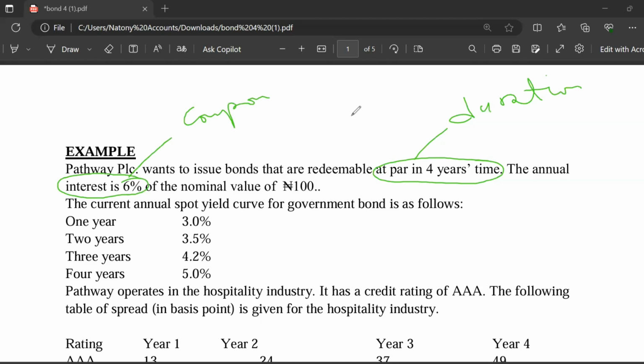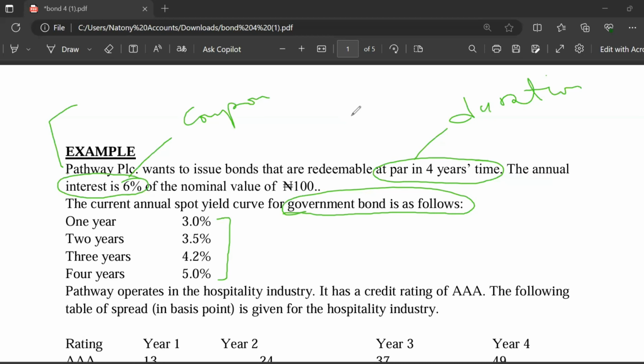The current annual spot yield curve for government bonds is as follows. The moment you see the word government bond, and Pathway PLC is not a government parastatal, that means this spot yield curve will not apply directly to the company's bond.